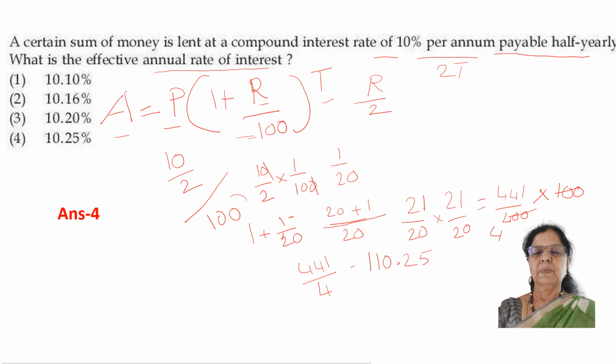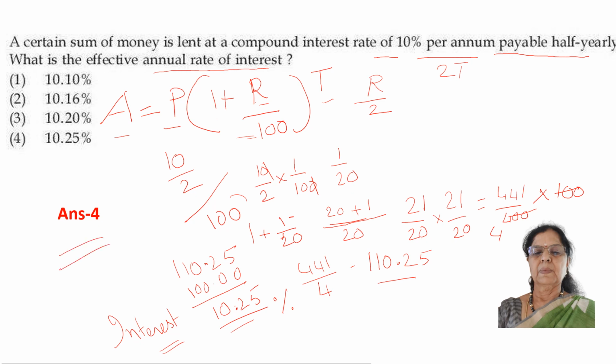This is the A. A is the total amount. And our total amount you are getting is 110.25 paise, and the principal amount is 100. So your interest is 10.25. So this is the percentage, because your principal amount is 100 only. So this is the cumulative interest rate. The compound interest rate is 10.25%. Option 4 is the correct one.